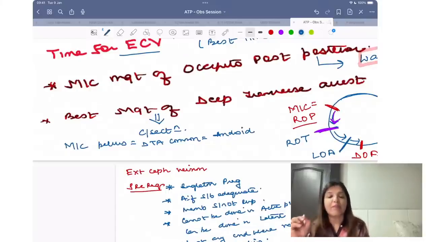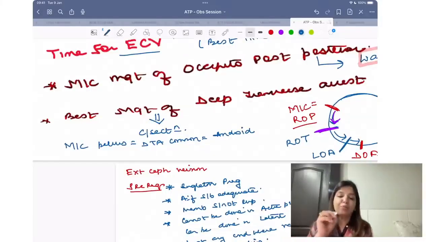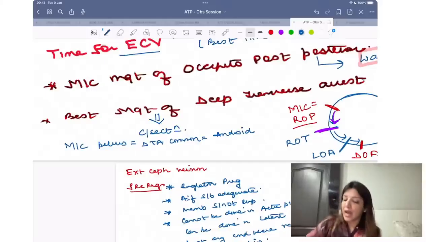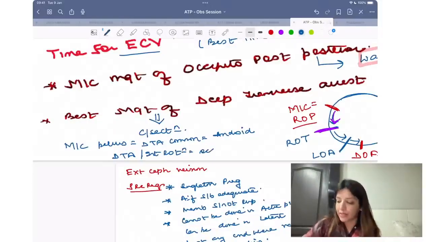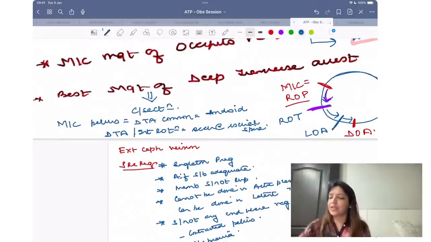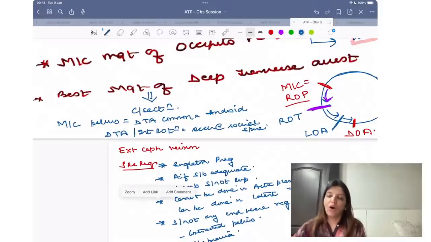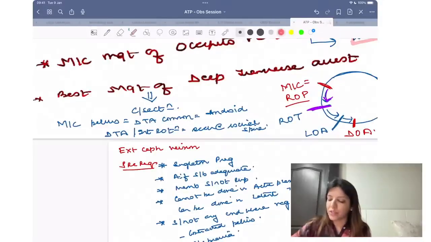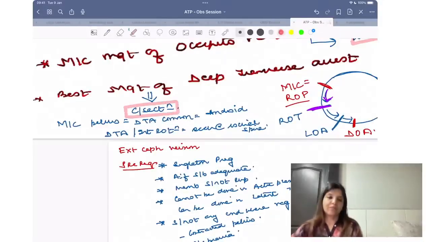Because this is the only pelvis where ischial spines are prominent. And remember, deep transverse arrest or internal rotation, both of them occur at the level of ischial spine. So deep transverse arrest and internal rotation, they occur at the level of ischial spine. What is the best management? Best management is cesarean section.